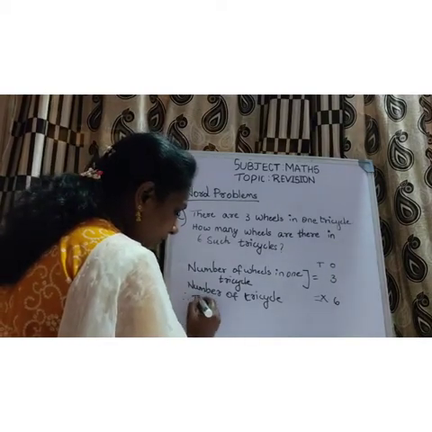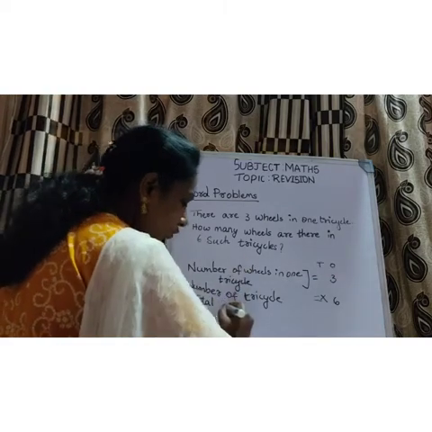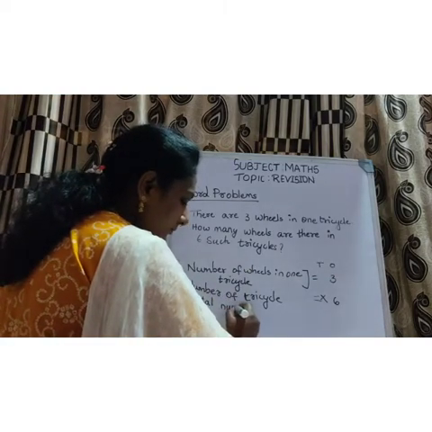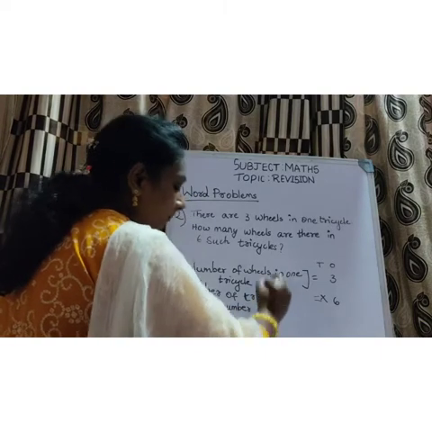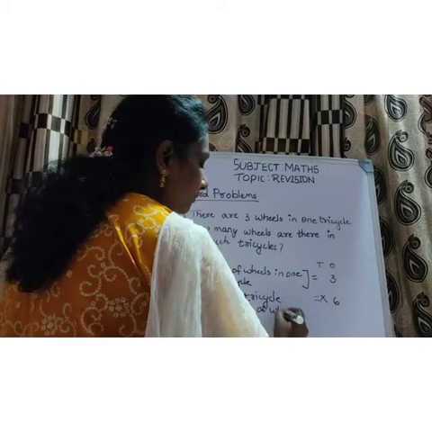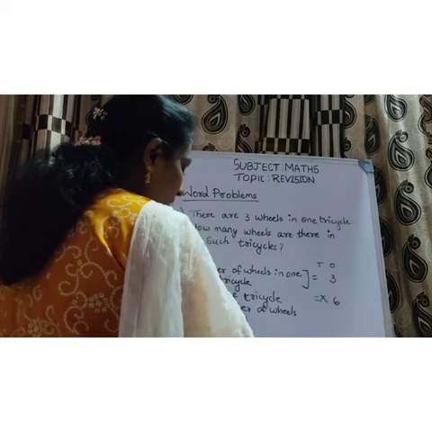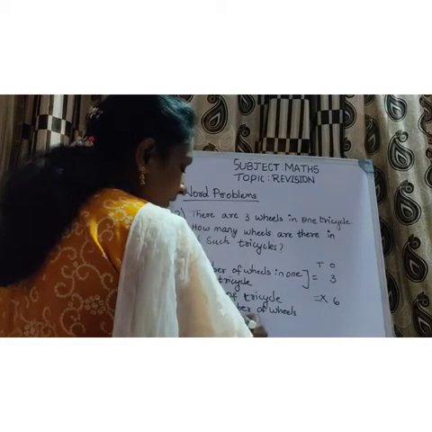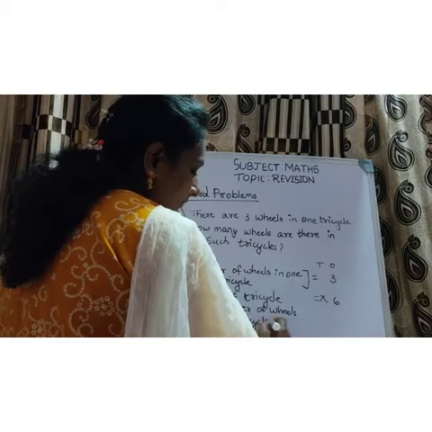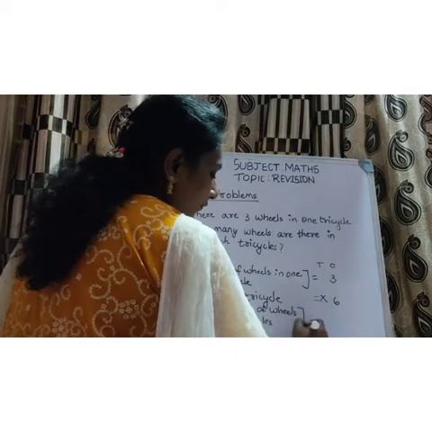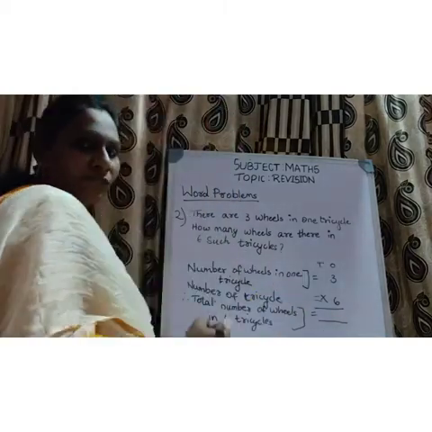Therefore, total number of wheels in 6 tricycles. Okay, so you are going to find out in 6 tricycles how many wheels are there.